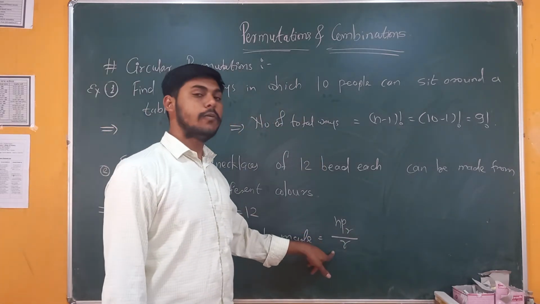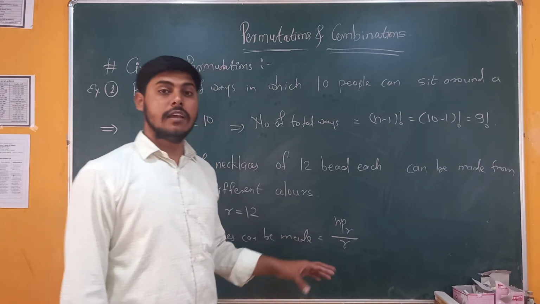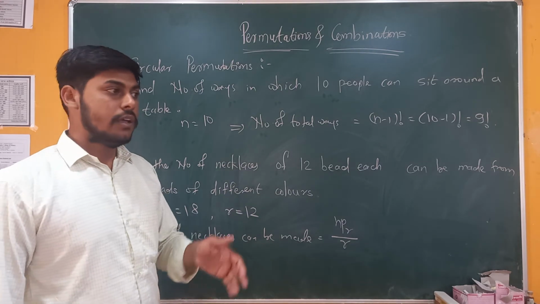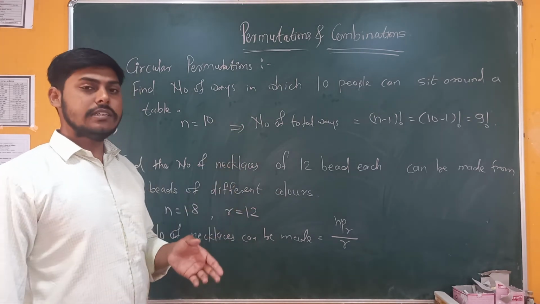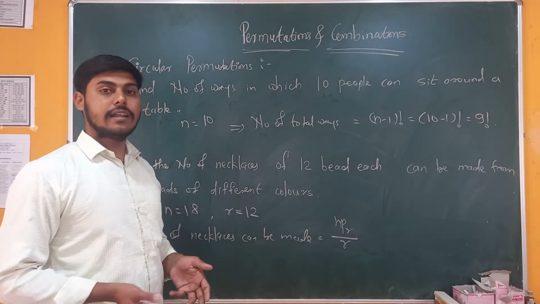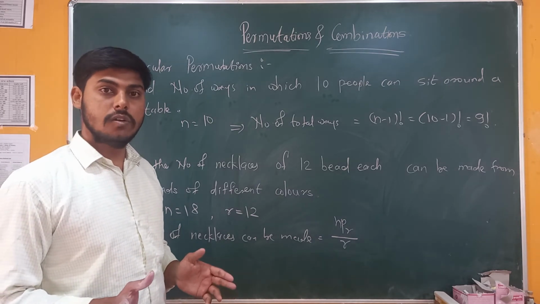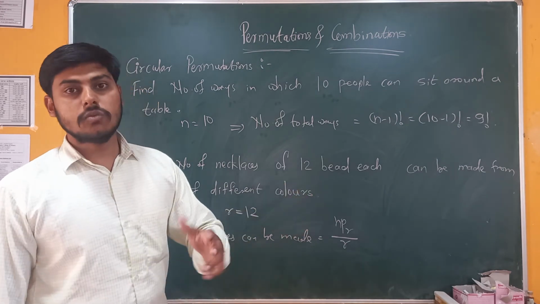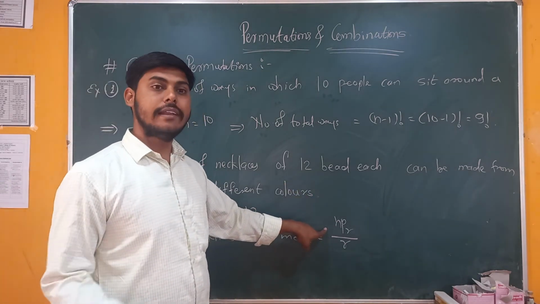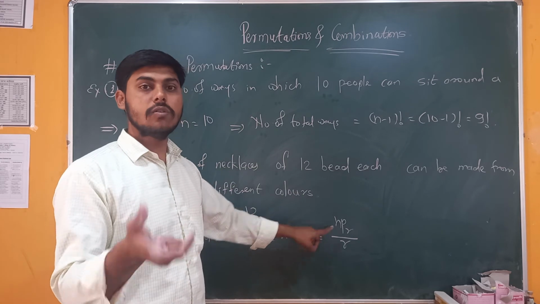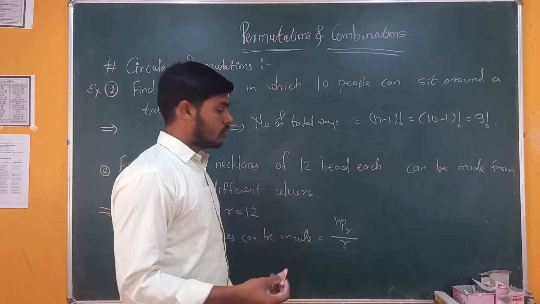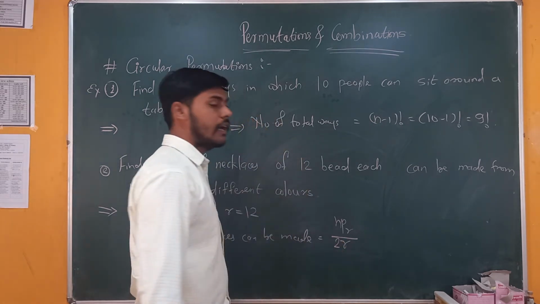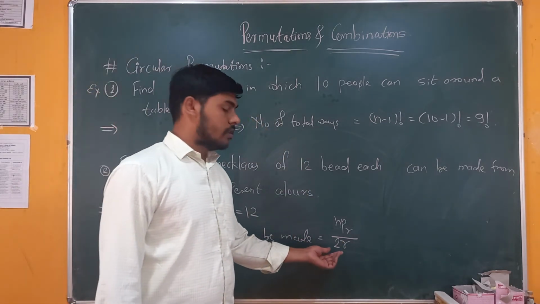But in necklaces made from beads and flowers, clockwise and anti-clockwise arrangements are considered the same. If clockwise and anti-clockwise are different, we use the first formula, and if they are the same, we additionally divide by 2. So our new formula becomes nPr divided by 2r.